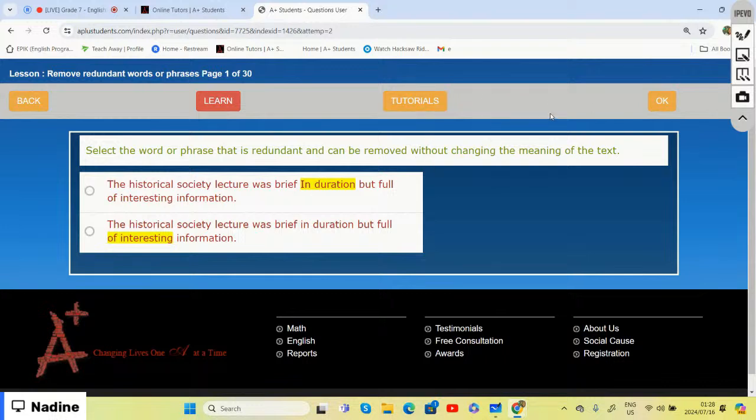All right, so we said we need to select the word or phrase that is redundant, which means that it can be removed without changing the meaning of the text. It says the Historical Society lecture was brief.